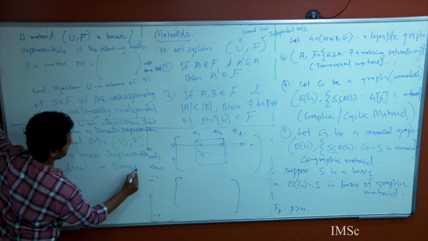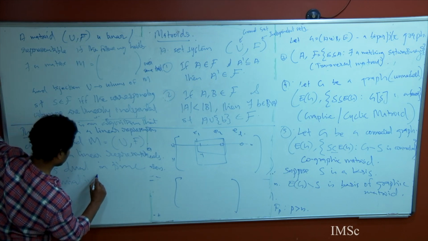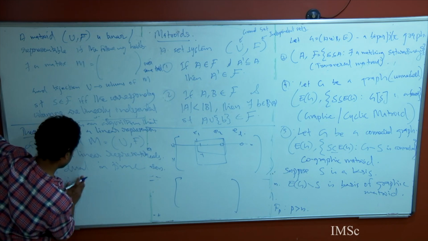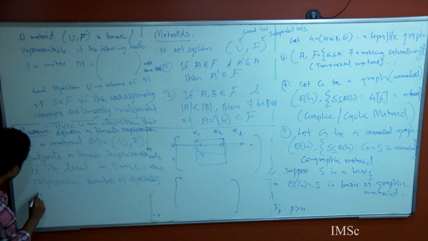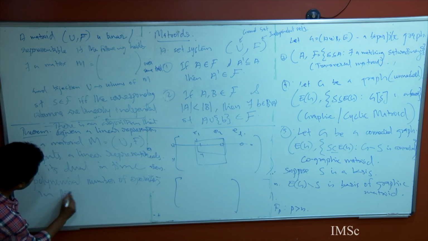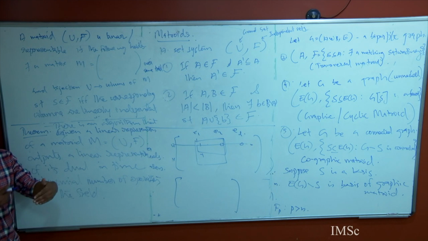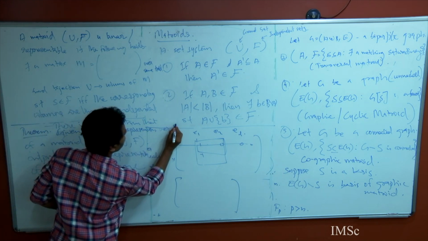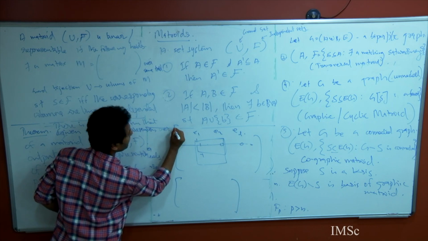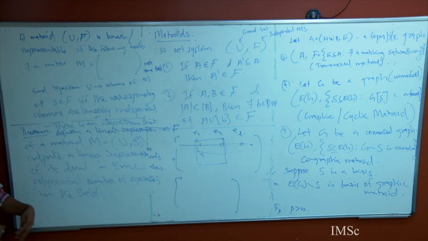in time polynomial in the number of operations in F. So there is an algorithm which, given a linear representation, meaning a matrix over some field, okay, will output a linear representation of its dual.